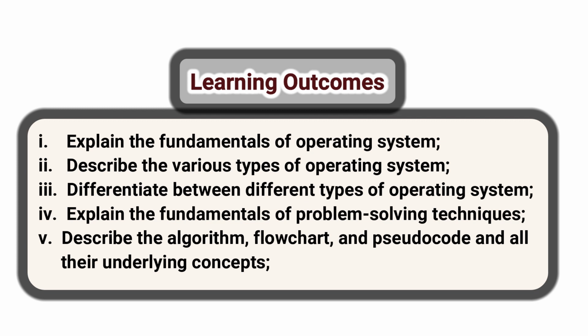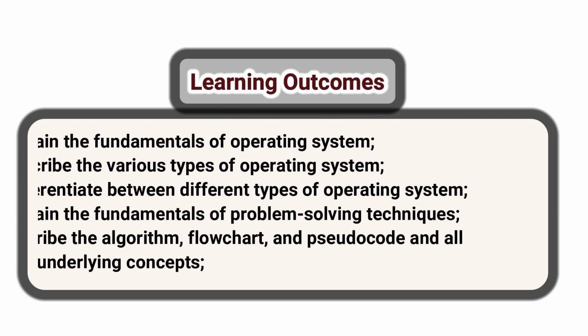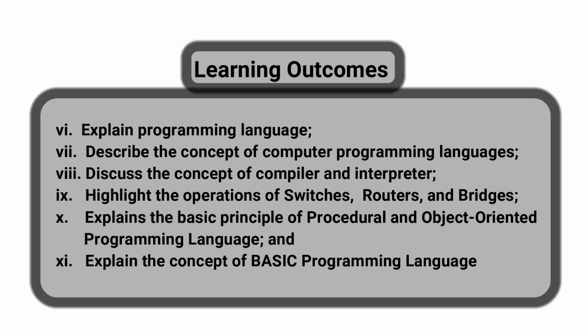1. Explain the fundamentals of operating systems. 2. Describe the various types of operating systems. 3. Differentiate between different types of operating systems. 4. Explain the fundamentals of problem-solving techniques. 5. Describe the algorithm, flowchart, and pseudocode and all their underlying concepts. 6. Explain the programming language.